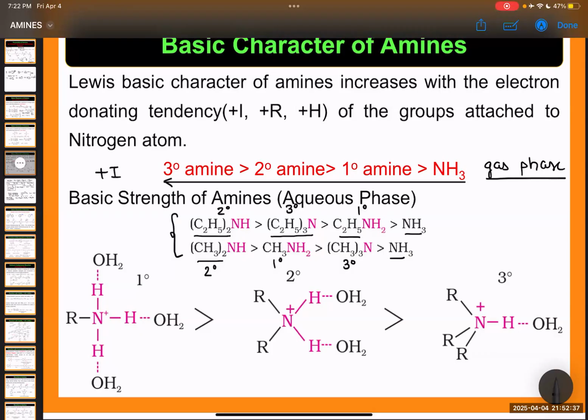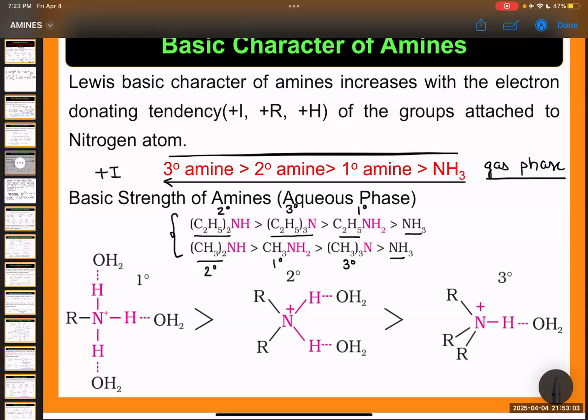But why is it happening in this way? It is happening because there are two factors playing a role in water. There are two factors in water. There is a factor which is hydrogen bonding. Got it? That cannot happen in gas phase. So no hydrogen bonding was there.